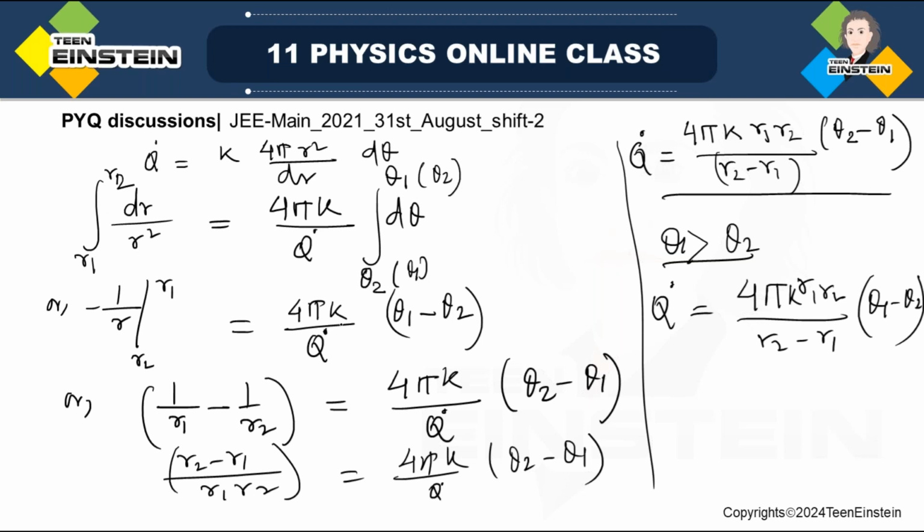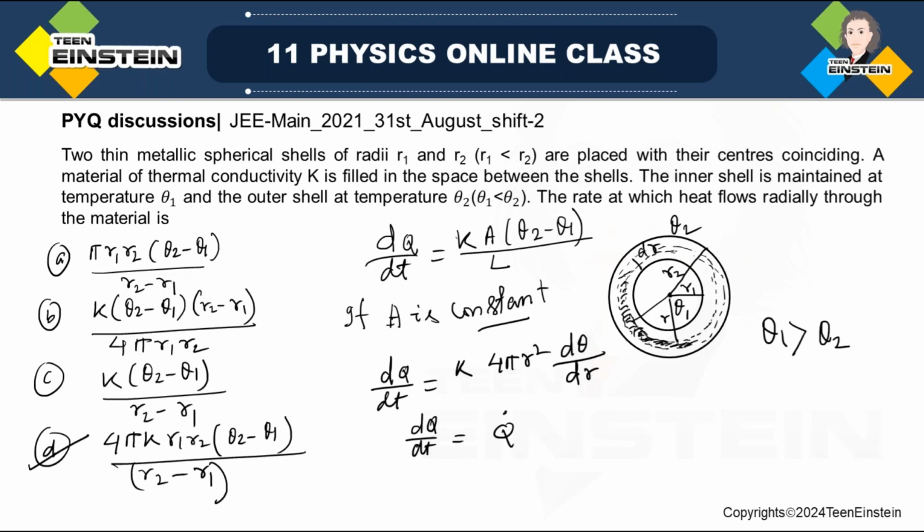If you take the limit in this way, you'll get the same thing that I have written over here. So this was a simple thing, but you have to remember the formula to get the answer very quickly.